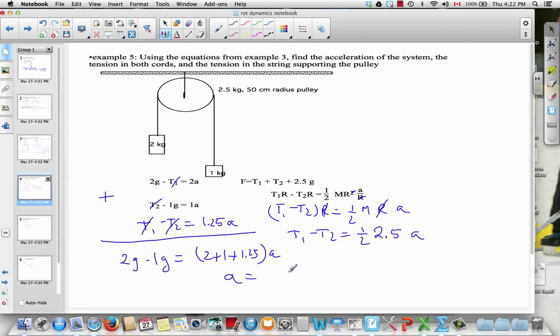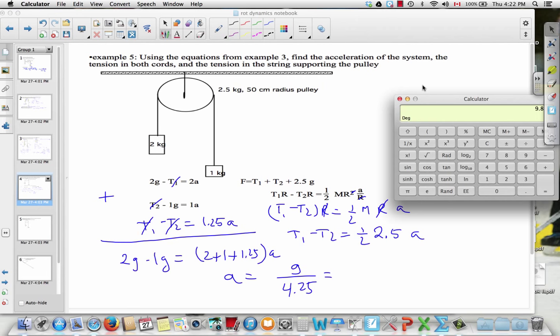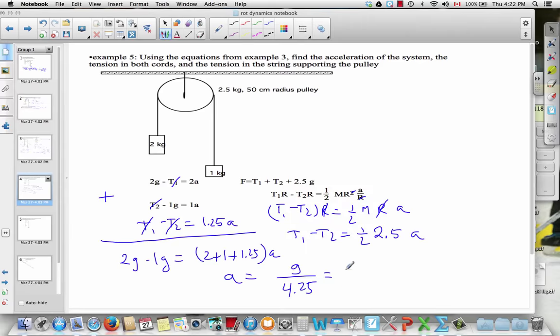I can solve for the acceleration. It's just g over 4.25. So it's about 2 meters per second squared, a bit more than 2. 9.8 over 4.25, let's see what that is. So it's 2.30 meters per second squared.